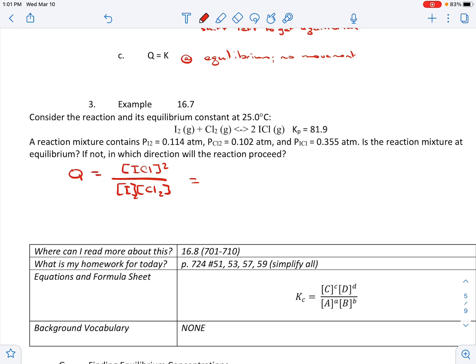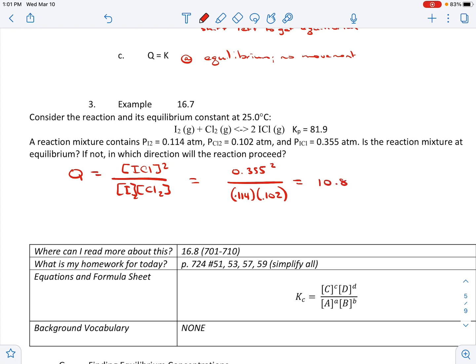So ICl is 0.355, and that is going to be squared over 0.114 times 0.102. All right, now we're going to plug it in and see where we're at with Q. So 0.355 squared divided by 0.114 divided by 0.102. And we should get 10.8.